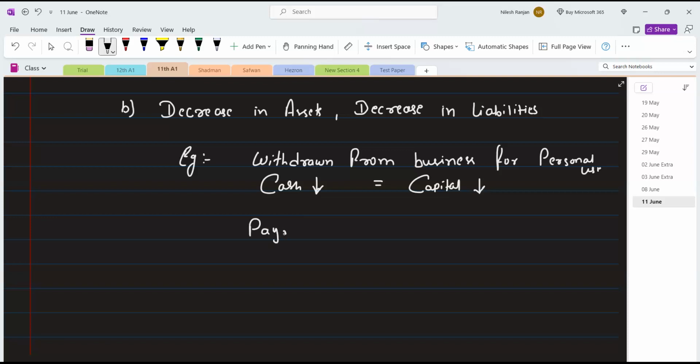Now payment to creditors. So your cash will decrease and your creditors will decrease.